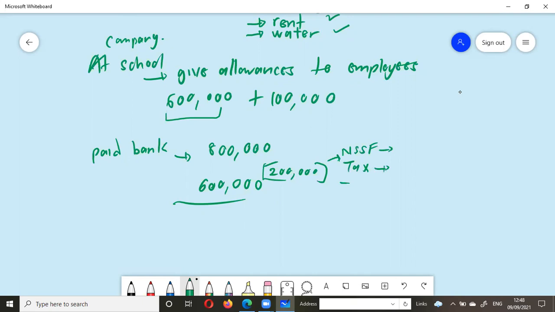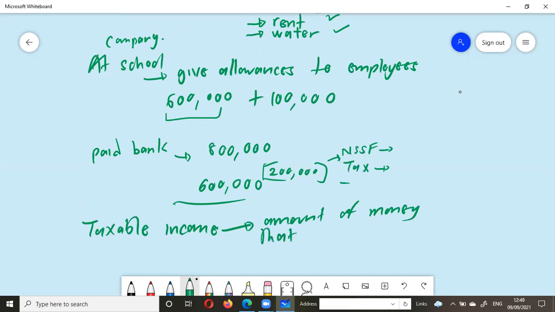What the government charges people on is what we call taxable income. This is the amount of money that the government charges. So you must subtract off every allowance, like the rent and all those, from your earnings, that means the salary you have.